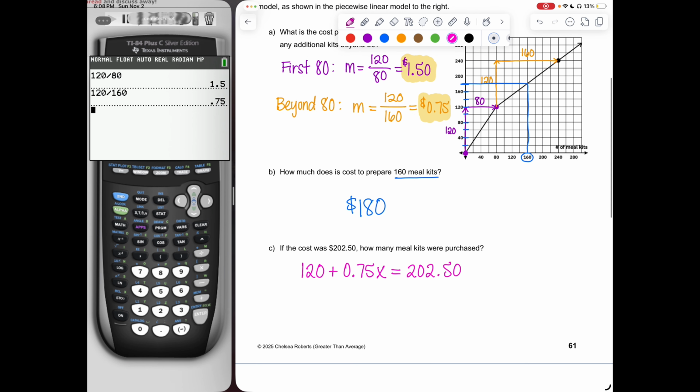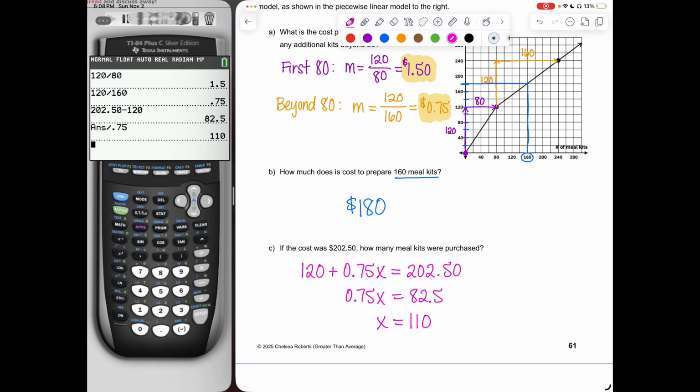All we have to do is solve that for x. First we subtract 120 on both sides, which gives us 82.5. Then we divide by 0.75 on both sides, and that gives us that x is equal to 110.